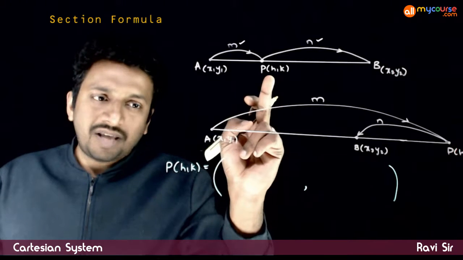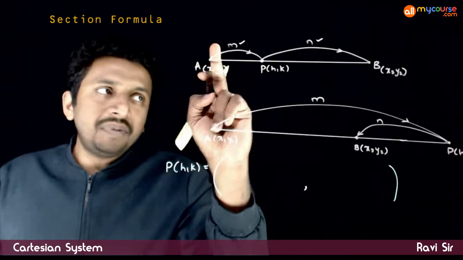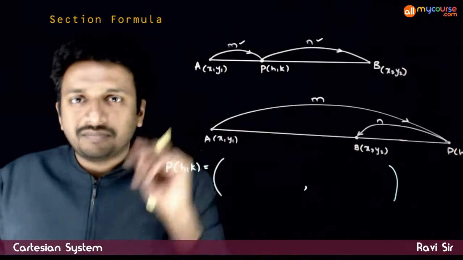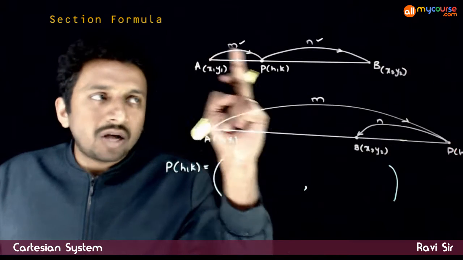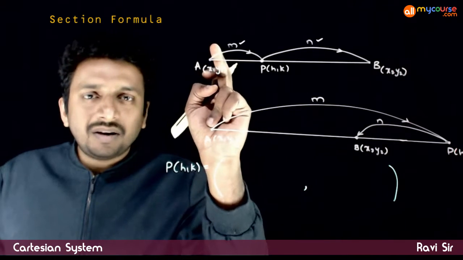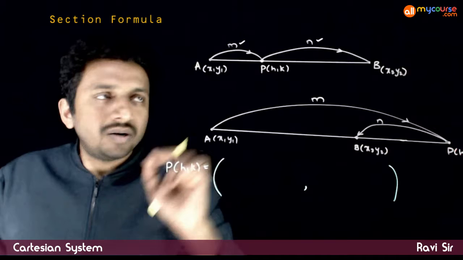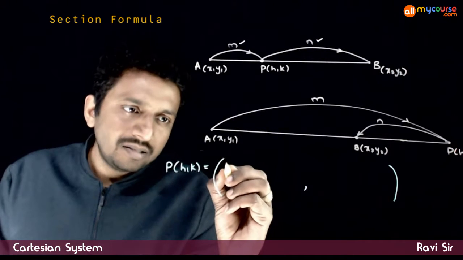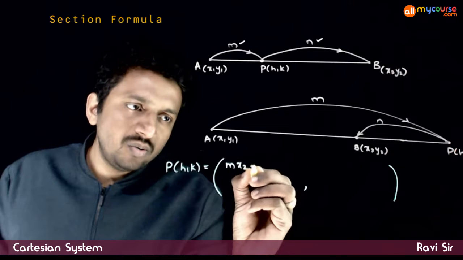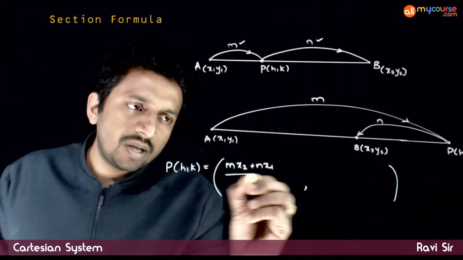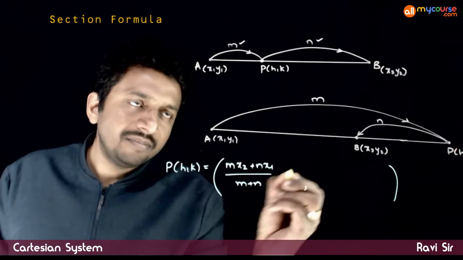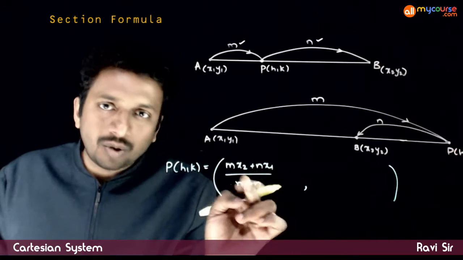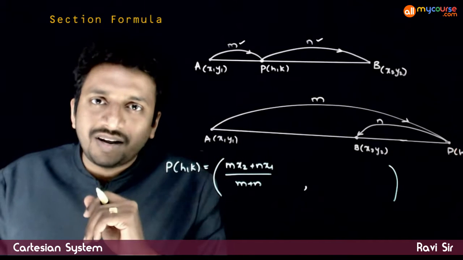So the x coordinate is given by (m times x2 plus n times x1) by (m plus n). You need to remember it as cross multiplication. This number has to be multiplied with this x coordinate, and this number with this x coordinate. So m x2 plus n x1 by m plus n. The x coordinate of P involves only the x coordinates of the points A and B.